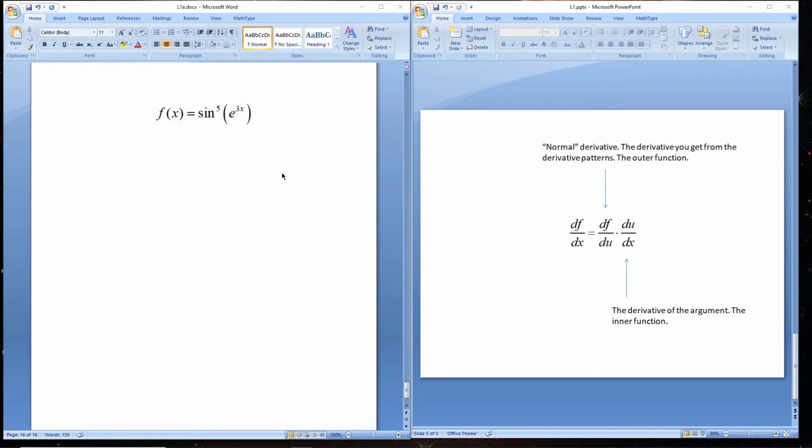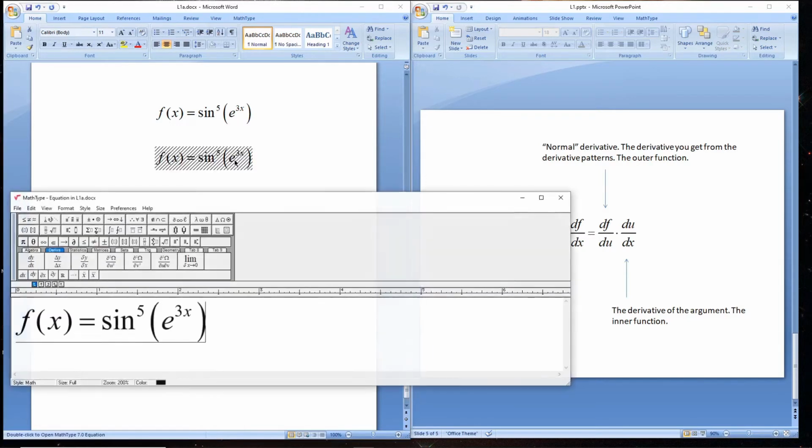So if you recall, I said the outer function is what you say first when you read this. And the way this is written, the first thing you're going to read is sine. And that's unfortunate because of this notation right here.